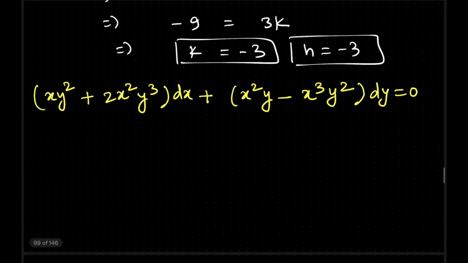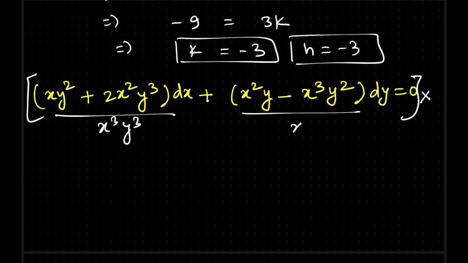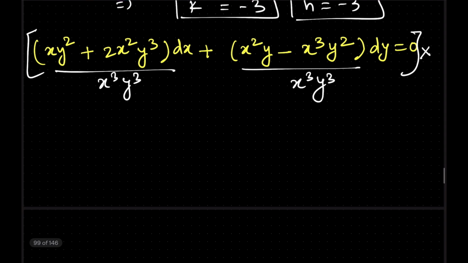So what I will do, I will multiply this with our integrating factor. So our integrating factor is 1 by x cube y cube. So just we have to divide by x cube y cube. So let's write the terms.